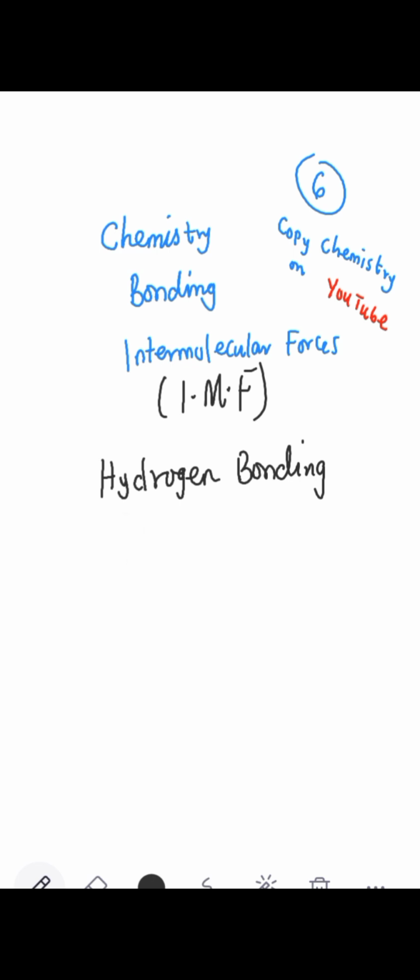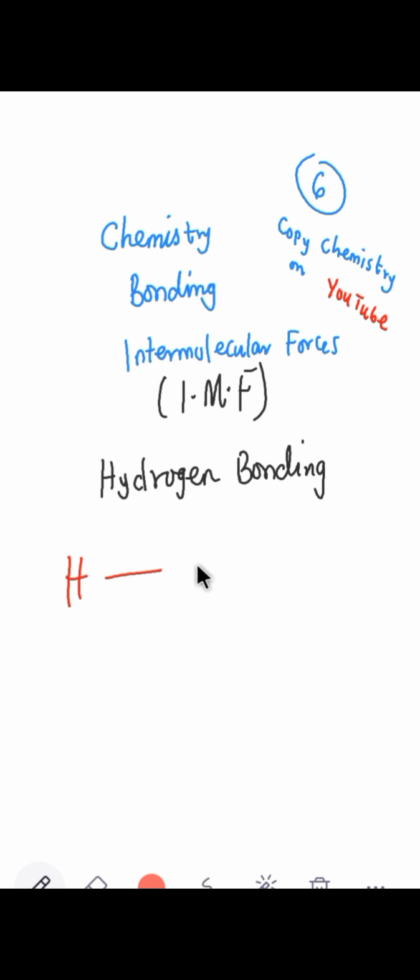Hydrogen bonding is the strongest of the intermolecular forces, okay? It happens when hydrogen bonds with electronegative species. So when you have hydrogen bonded to something that is very electronegative, then that will be a hydrogen bond.